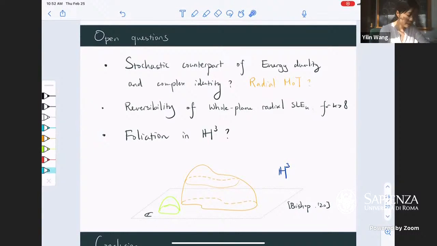And in a general case, if you just have a Jordan curve, Anderson showed that there's always a minimal surface bounding this curve. But it was not known for what curves you can get a surface with finite total curvature. And this is shown by Bishop: it's finite total curvature if and only if this curve is Weil-Petersson. Very interesting.